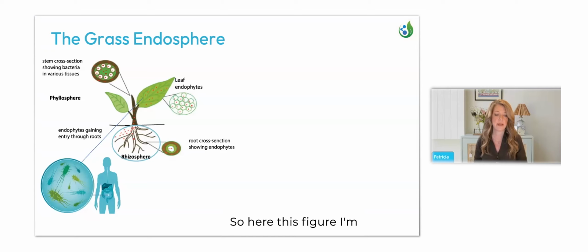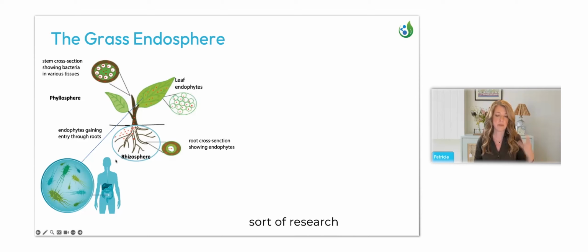So here, this figure, I'm just trying to give you an idea of what the grass microbiome is like. We all have a microbiome on the inside, and that's sort of new in the last, I don't know, maybe 20 years of research. For a while, plants were considered sterile on the inside, and now they're not. Plants have spheres, so they have an upper section here, which is called the phyllosphere.